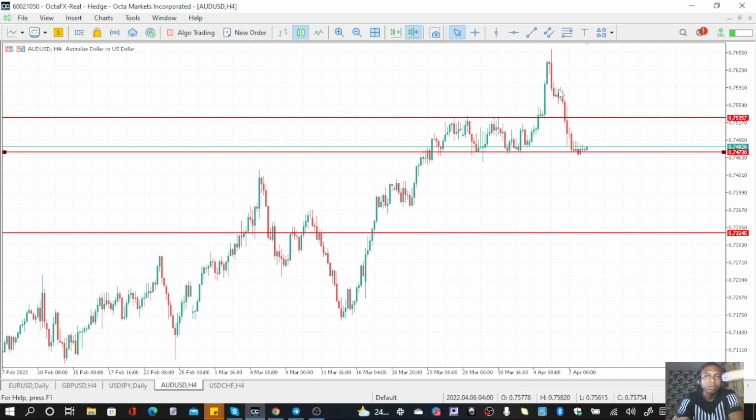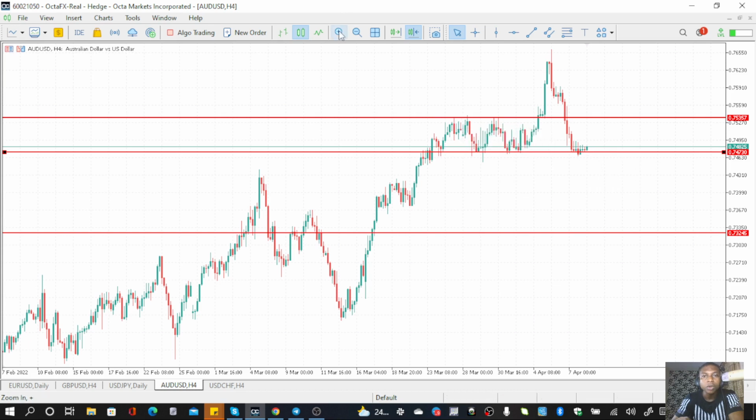And the breakout to the upside was not sustained, and then there was a bearish movement now touching the resistance level at this 4 hours chart here, right?